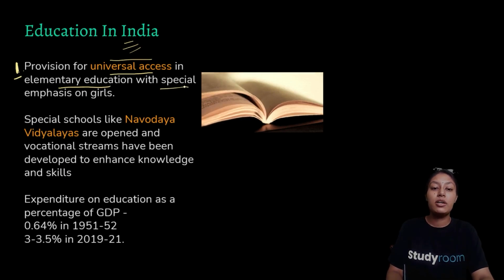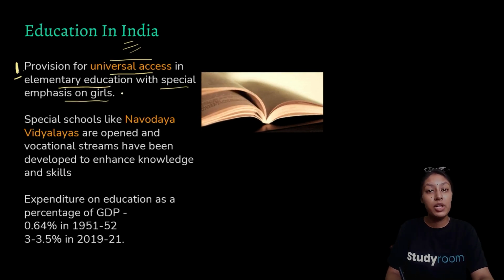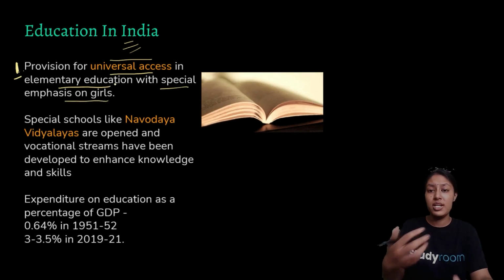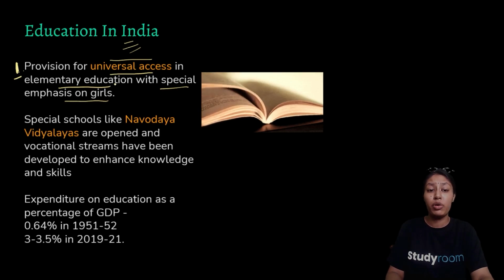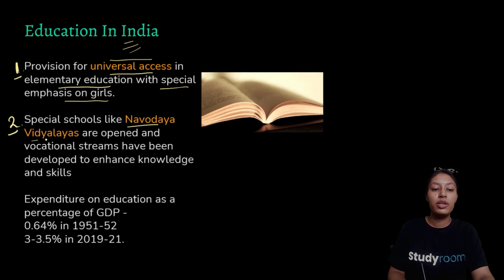Special emphasis in our country has been given to girls, because, as we already know, the literacy rate among girls is very low as compared to men. The second point is the initiatives that have been taken, schools like Navodaya Vidyalaya.